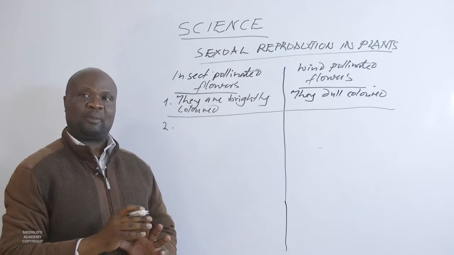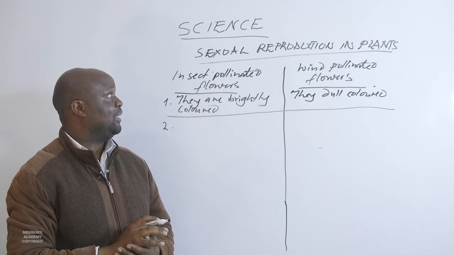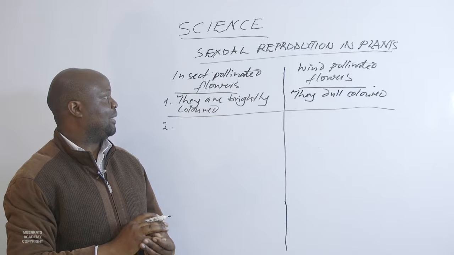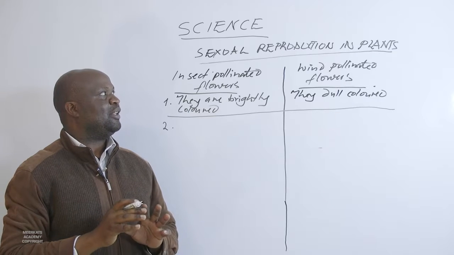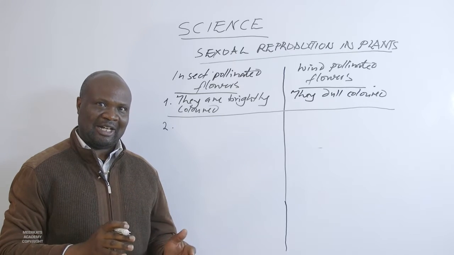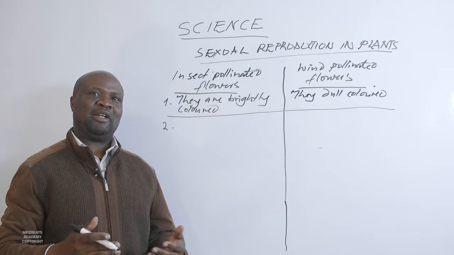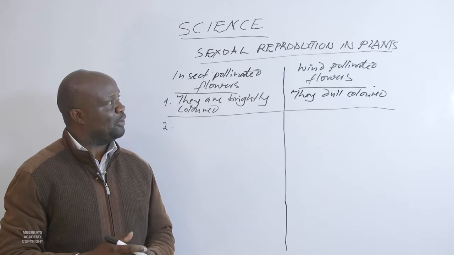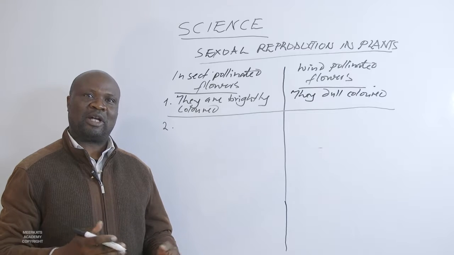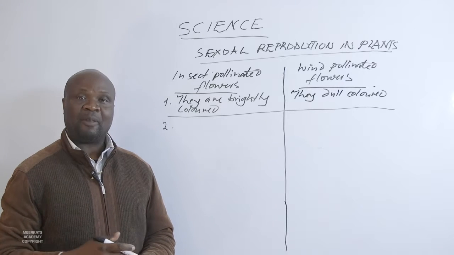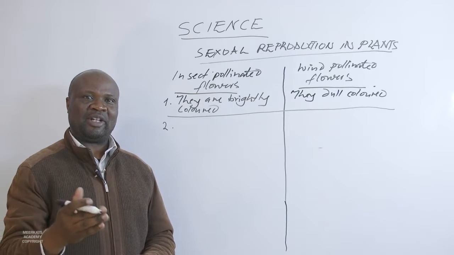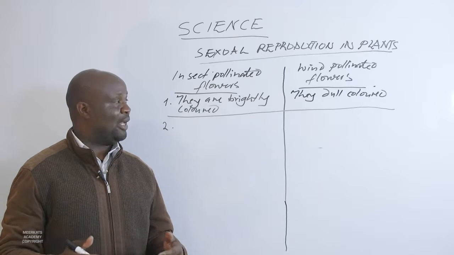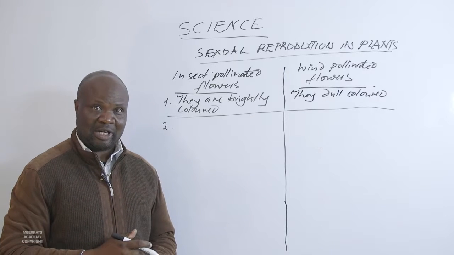So we find that insect-pollinated flowers are brightly colored, while the wind-pollinated flowers are dull in color. So it does not matter whether they are colored or not. Wind will not depend on the color to carry out its activity of pollination. Still the pollen grains will be carried from one plant to another.